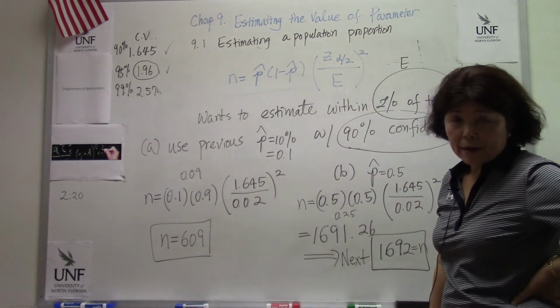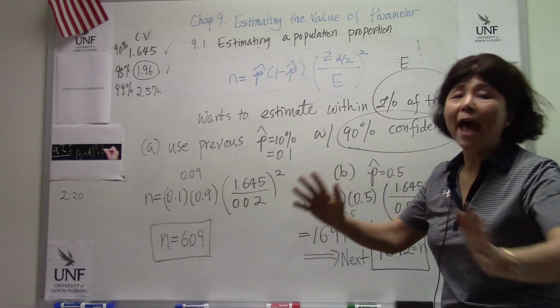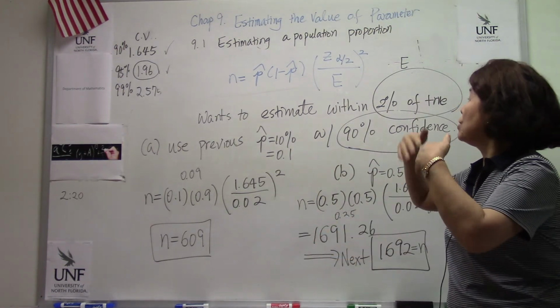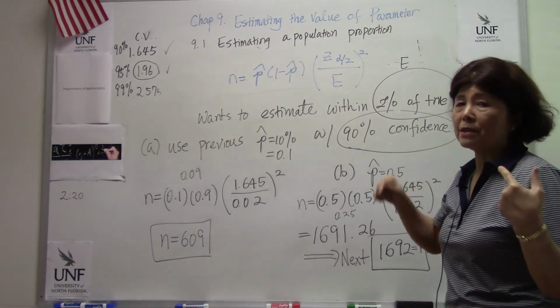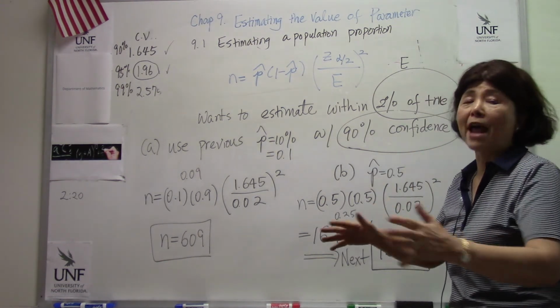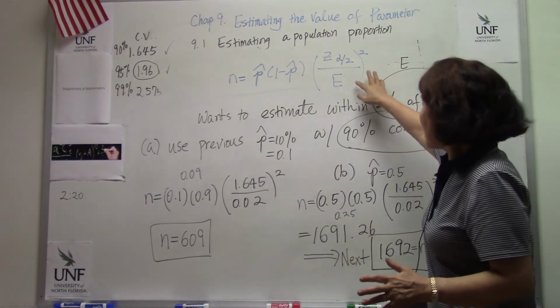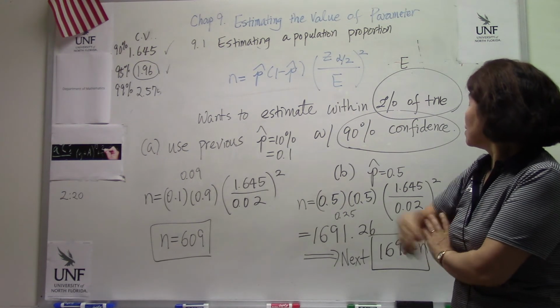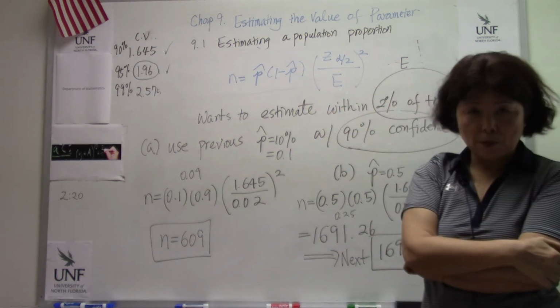Smaller. When you change it from 2% to 5%, that means you relaxed the standards. In that case, the margin of error is getting larger, so this is smaller. So the sample size is going to go smaller.